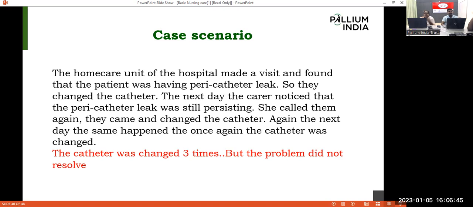Fixation with tape. Okay. Catheter was small or too much of fluid. Muscle loosening. Which muscle? Friendly Sebastian is saying muscles loosening. Which muscle?